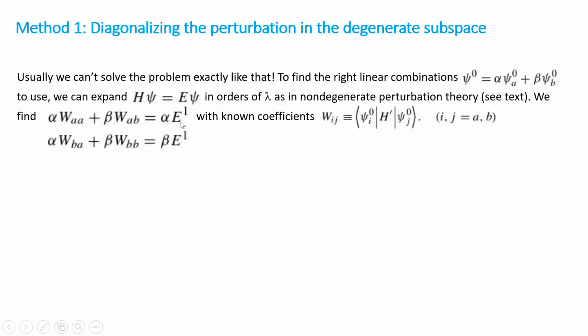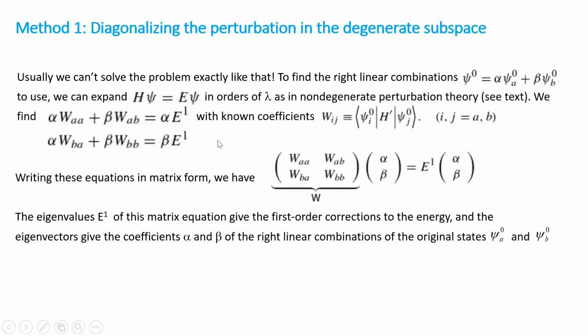Okay, so we have this equation here, and it looks a little matrix-like. In fact, we can write these two equations in matrix form, where, assuming we do these integrals to get the known coefficients, we have a matrix W times a vector alpha beta equal to this energy E1, the first order correction to the energy, times alpha beta again.